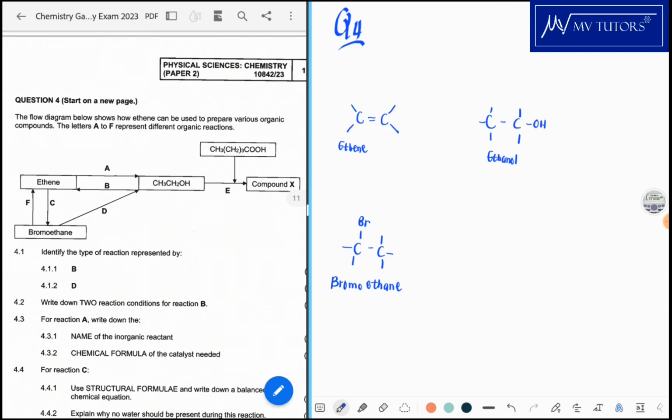Okay, as long as you see COOH, just know that you have a carboxylic acid. And I'm going to put it next to the alcohol because I'm seeing here that if we have an alcohol and a carboxylic acid, compound X should be an ester.